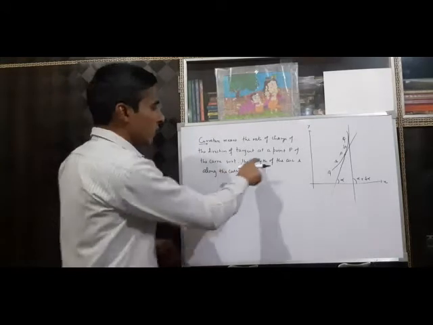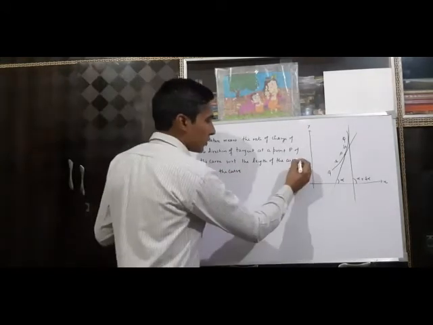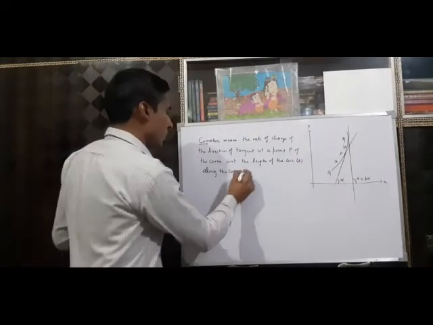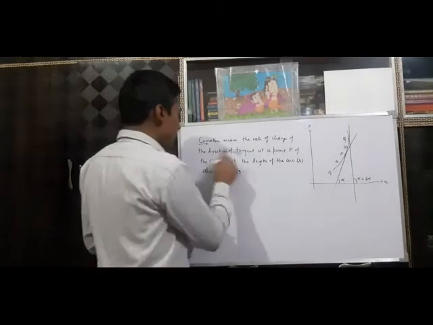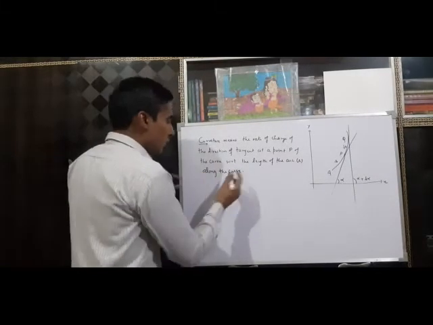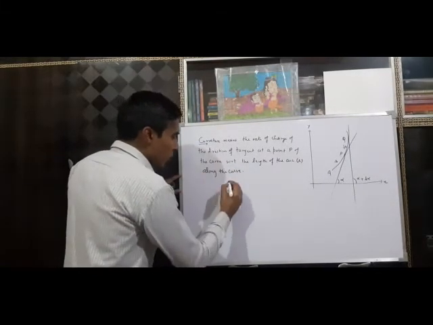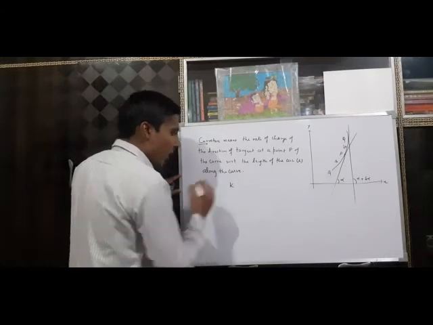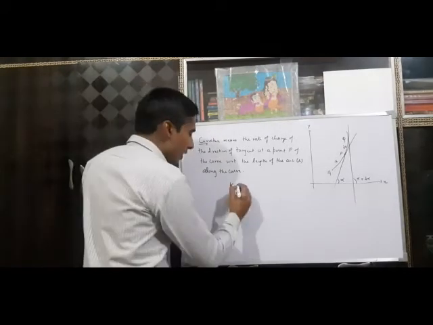You can say length of arc which is denoted by S, and this is the curvature. So in mathematical notation we denote it by the symbol kappa, K.